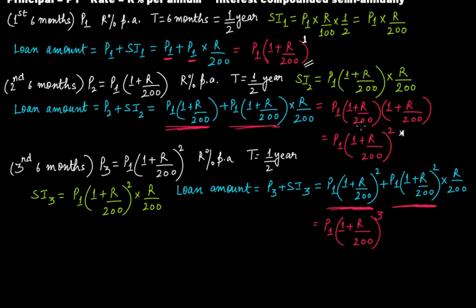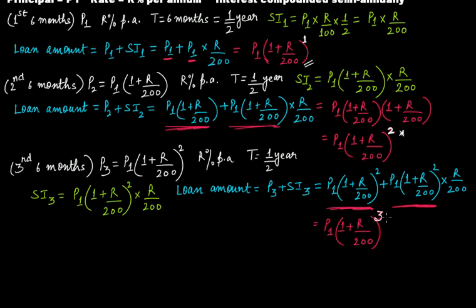Here for the loan amount for the second conversion period, that is at the end of second period of 6 months, we have this 2. That is, this is for the first period of 6 months, this is for the second period of 6 months, and here the loan amount at the end of third conversion period, or at the end of the third period of 6 months, you have 3.